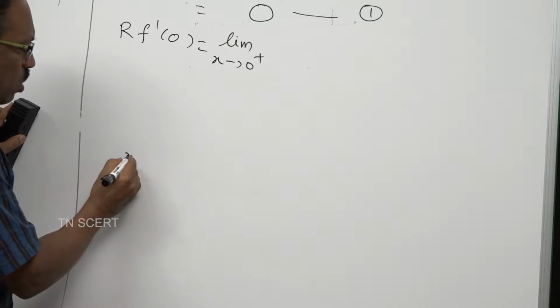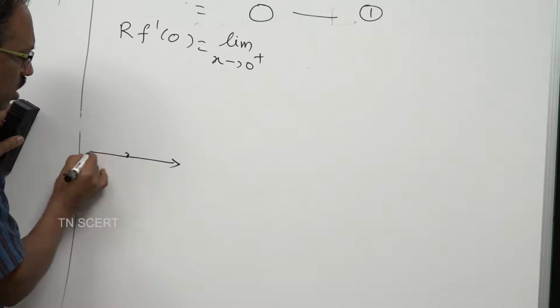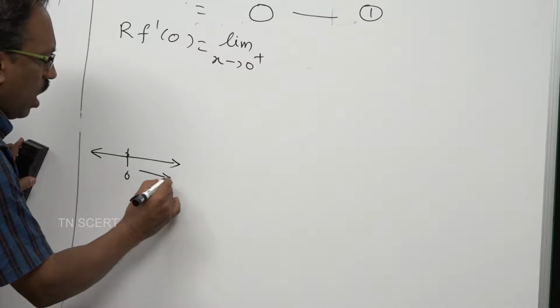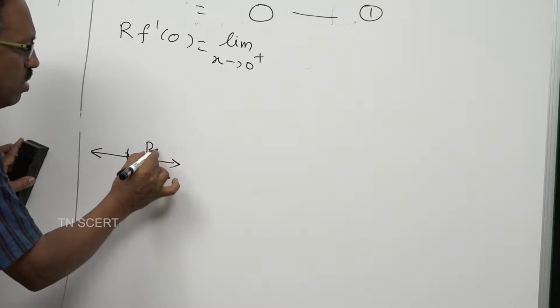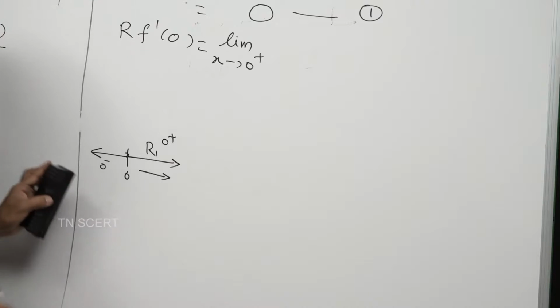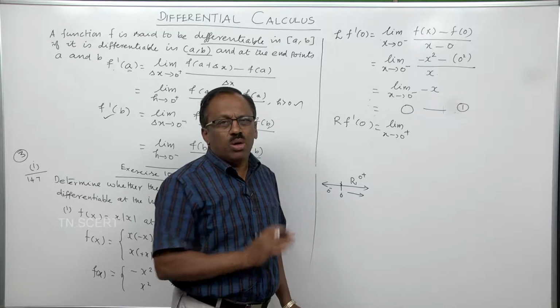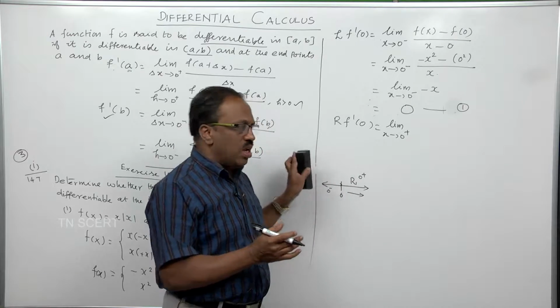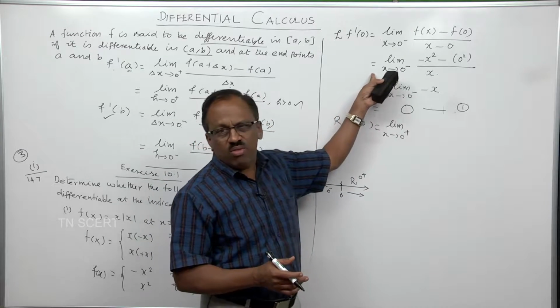The right limit means this side and the left limit means this side. That is the reason why this is 0 minus and this indicates 0 plus. In this way we have to define 0 towards the right and 0 towards the left. I have completed this part first.